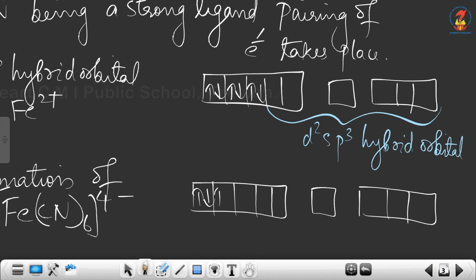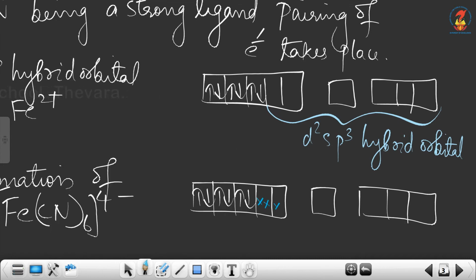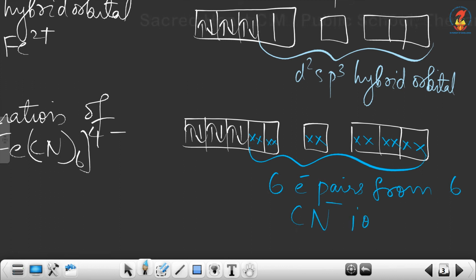Here we have, now to this orbital the lone pair of electrons from the ligand, the cyanide ion, will enter. So these are 6 pairs of electrons, or 6 electron pairs, from 6 CN- ions.